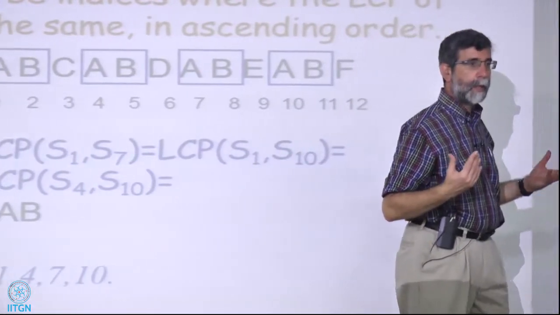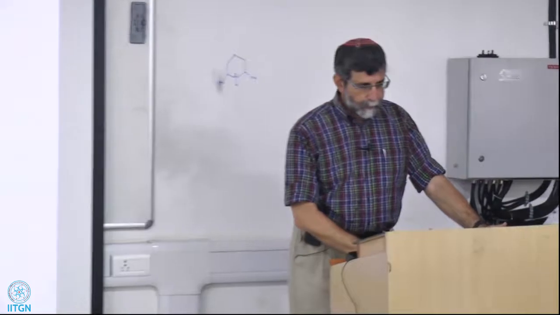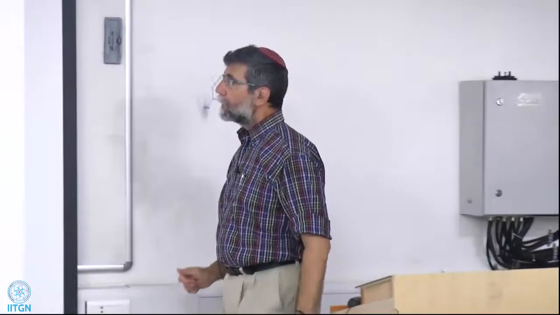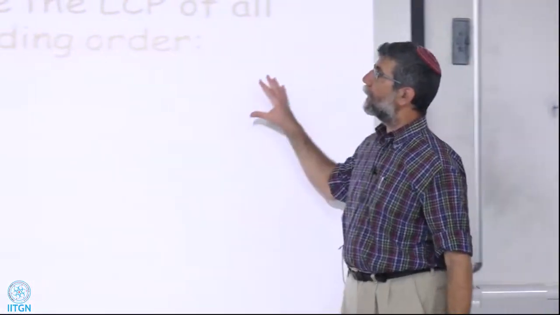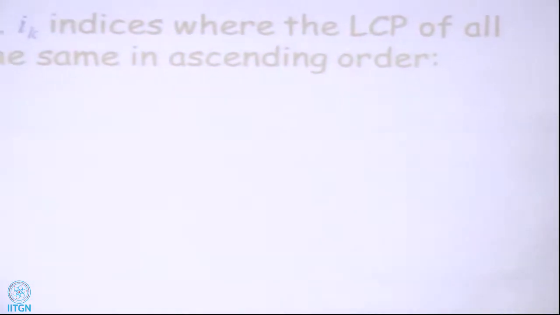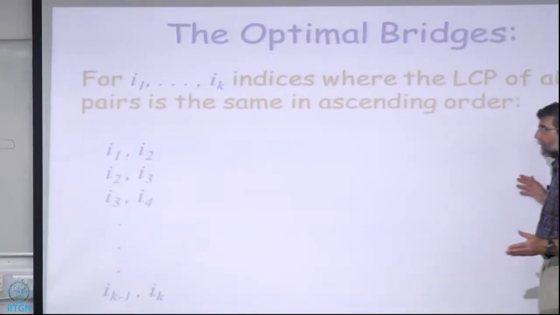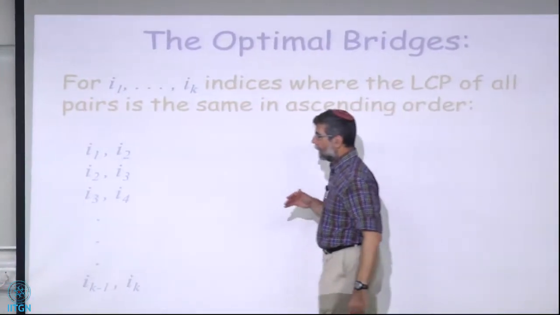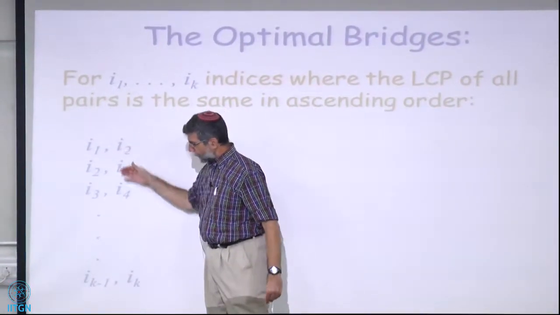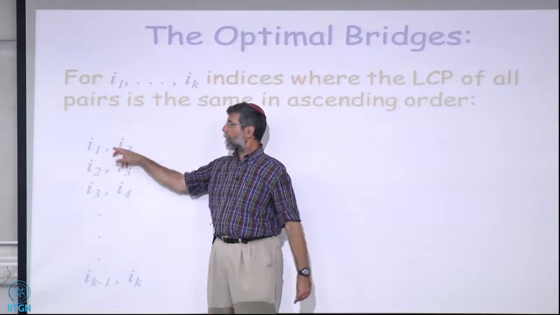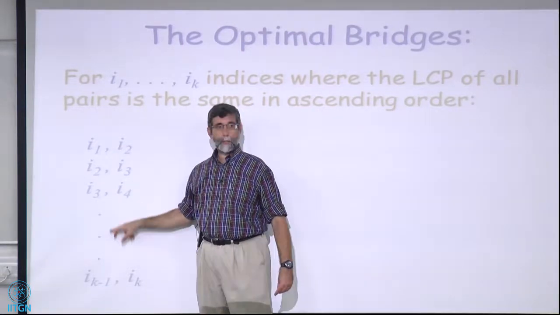So it's going to be non-optimal. So for any indices where the LCP of all the pairs are the same, if we keep such a list in ascending order, the only optimal bridges that we care about are the adjacent pairs.